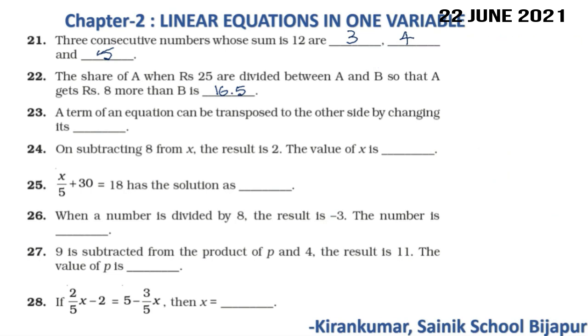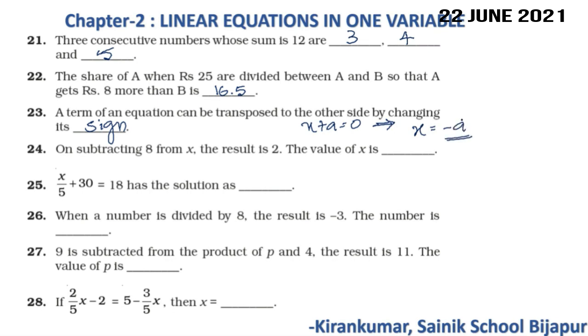Question number 23. A term of an equation can be transposed to the other side by changing its sign. If addition is there, it becomes subtraction. Suppose if x plus a is there, on transposing we get x is equal to negative a.